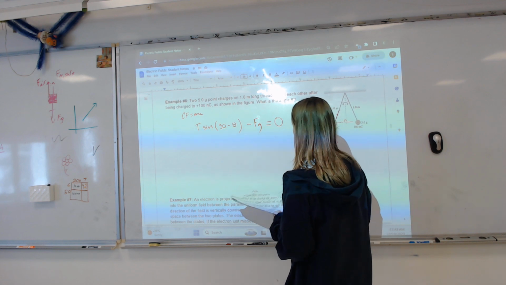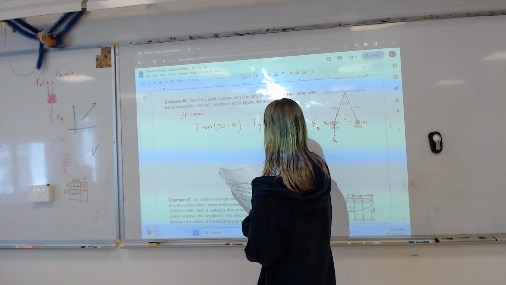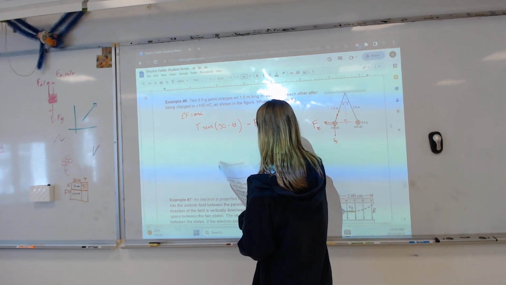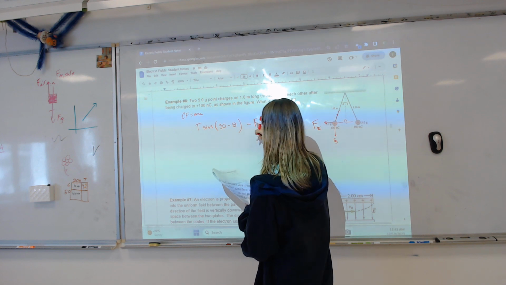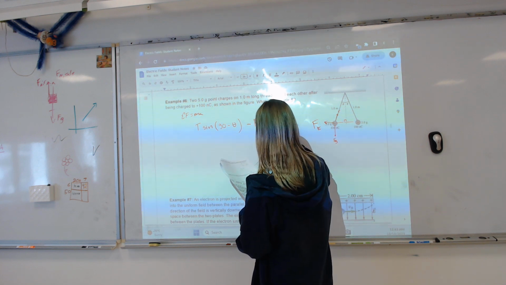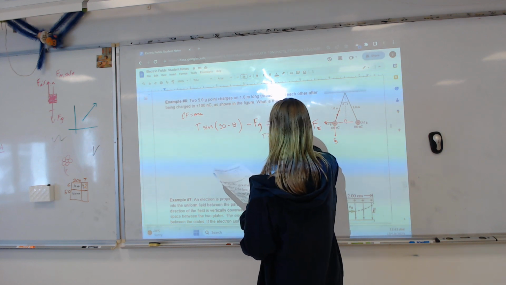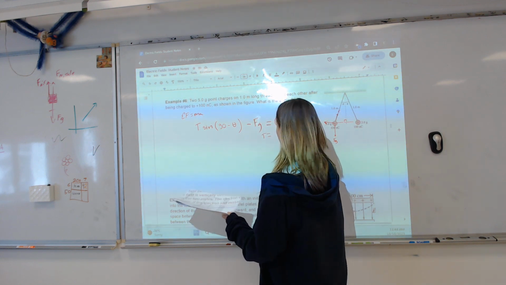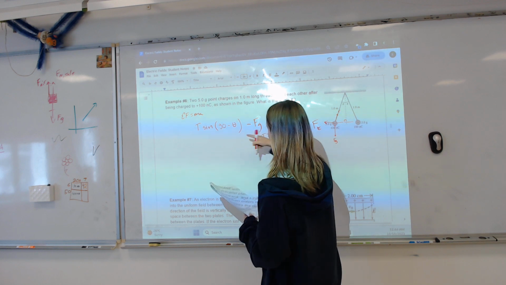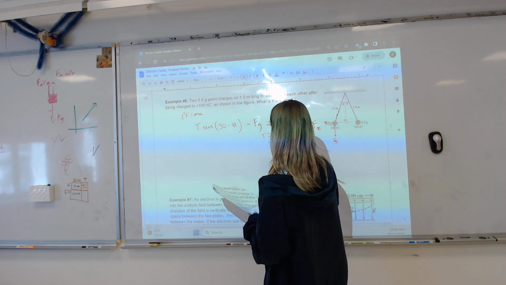And so from this, I rewrote this equation for T. And so that T was equal to Fg divided, well, first of all, I guess you could move this to the other side, and then you can write it as T equals Fg over sine of this.